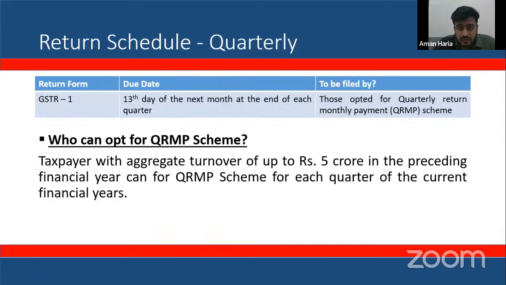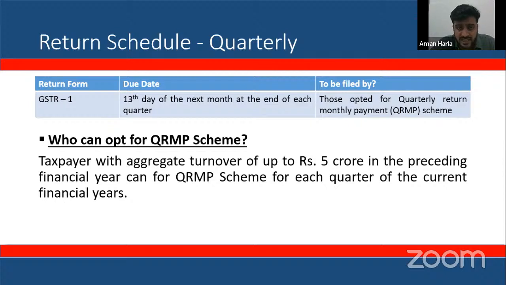At the end of the quarter, they are expected to file a GSTR1 like a normal taxpayer, and in those cases, the due date is 13th day of the next month. So for a quarter from April to June, the due date will be 13th day of July for such QRMP scheme taxpayers.